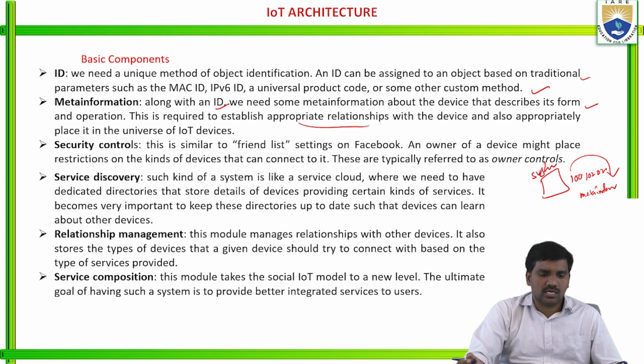Next is security controls. Compulsory for stored information, we have to provide some security protocols also. This is similar to friend list settings on Facebook. An owner of a device might place restrictions on the kinds of devices that can connect to it. These are typically referred to as owner control. Compulsory, either in Facebook or Twitter or any other social media website, we have one login, and for that page we have to provide some security restrictions also.